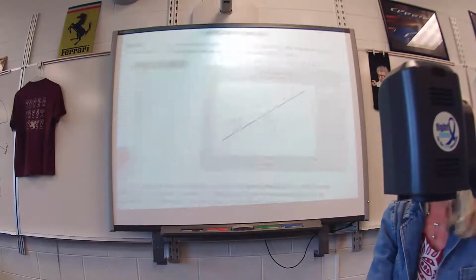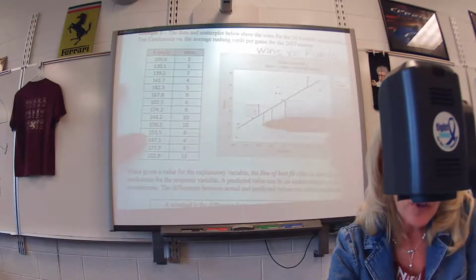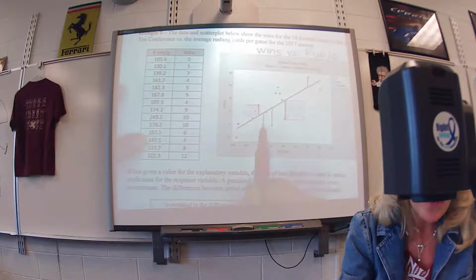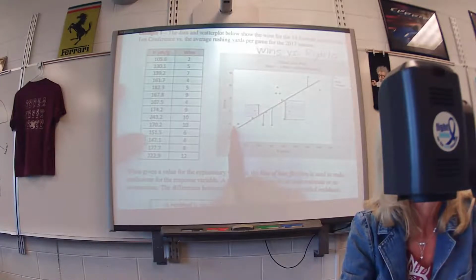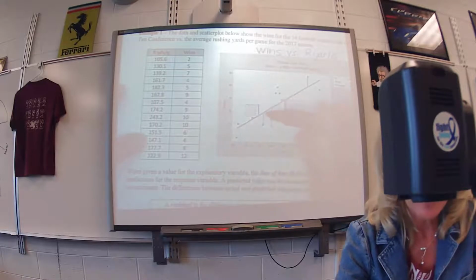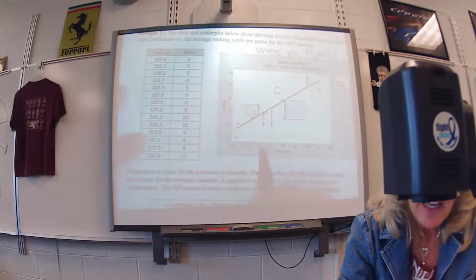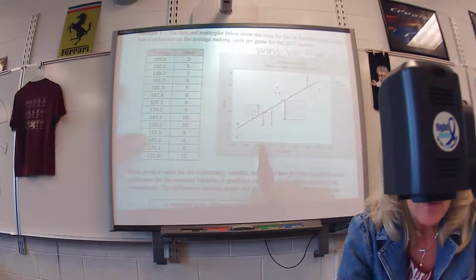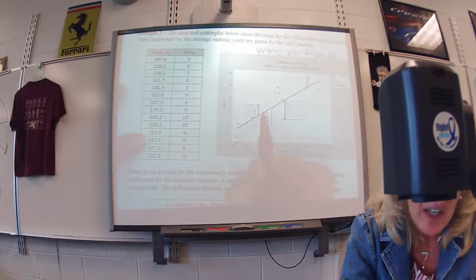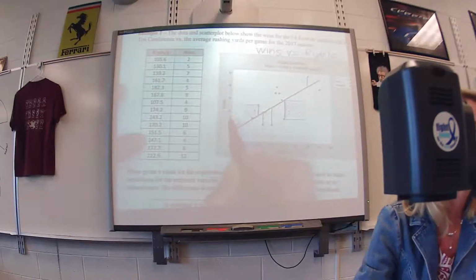Okay, so you had 147.1 rushing yards and you had only 4 wins. This is an overestimate, because for 147.1 rushing yards I would have expected you to have almost 6 wins.